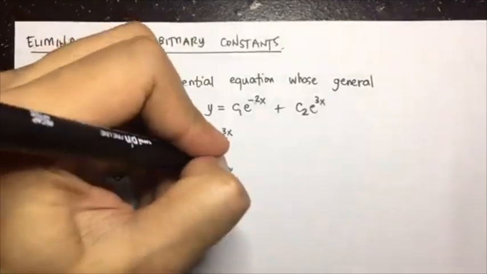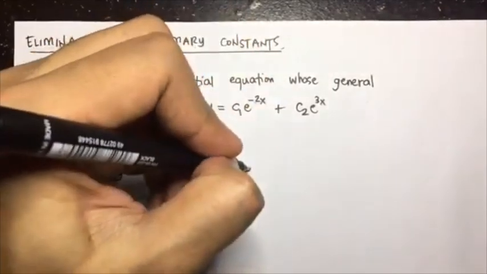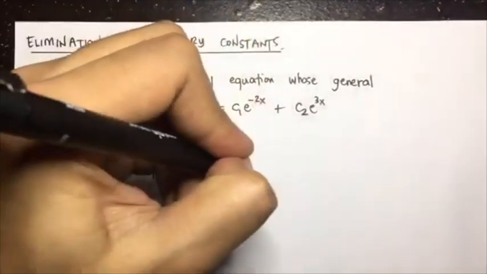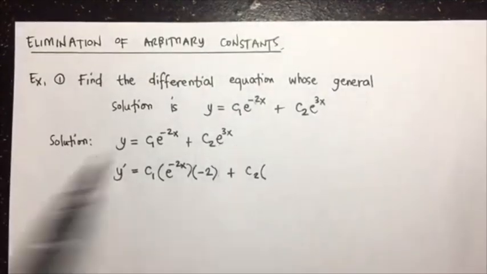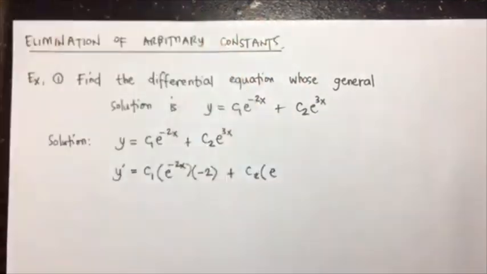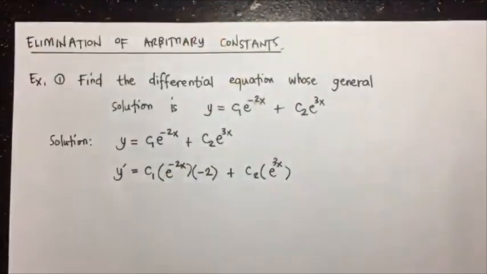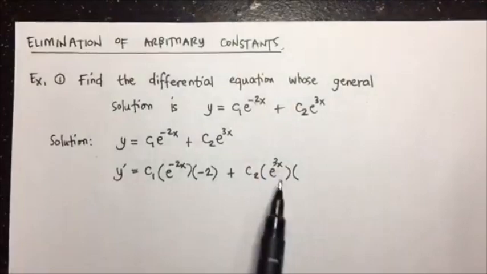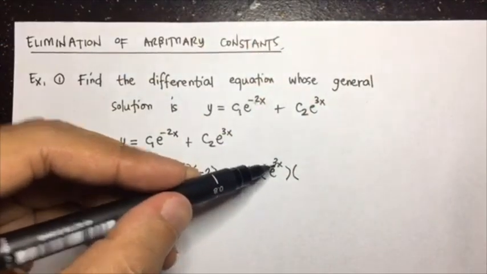The same with the second term. C2 is a constant, so write that, C2, same exponential function, so rewrite e to the 3x and then multiply it by the derivative of the exponent. The derivative of 3x with respect to x is 3.